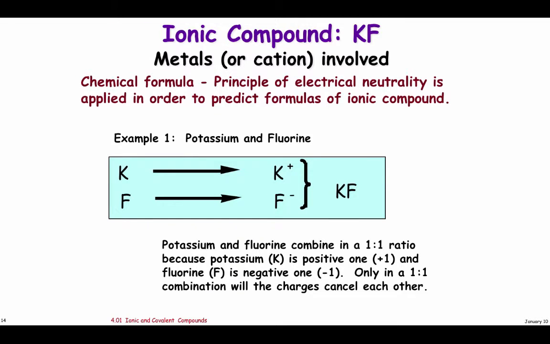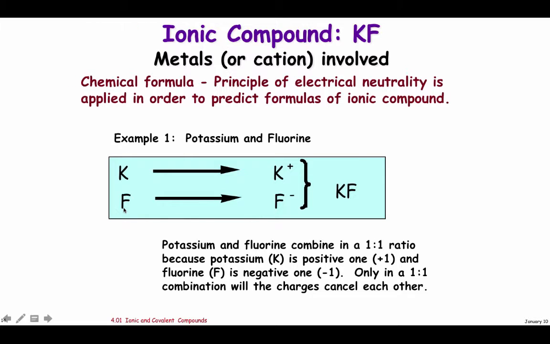So when these ions combine, how do we know the formula? We know the formula because we understand how many electrons a metal will give up and how many electrons a nonmetal will pick up. So if you consider potassium and fluorine, the first thing that you want to do is look at potassium in the periodic table. What you'll find is that it's in the 1A family, so its common charge is +1. Fluorine is in the 7A family.